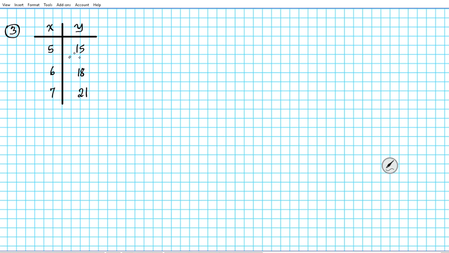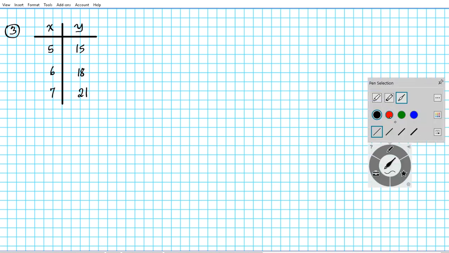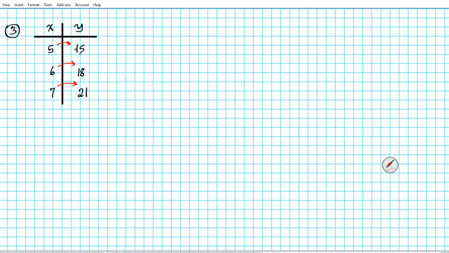Now, how do we know for a certainty that this table represents a direct variation? We can examine the x and the y's, and ask ourselves, are we always multiplying by the same number to go from the x coordinate to the y coordinate? 5 times what gives you 15? Times 3, right? How about 6 to 18?